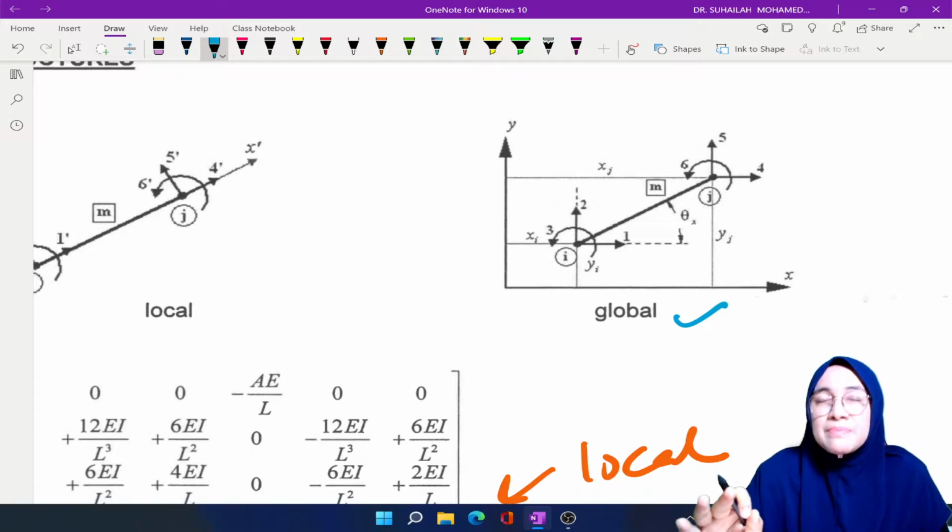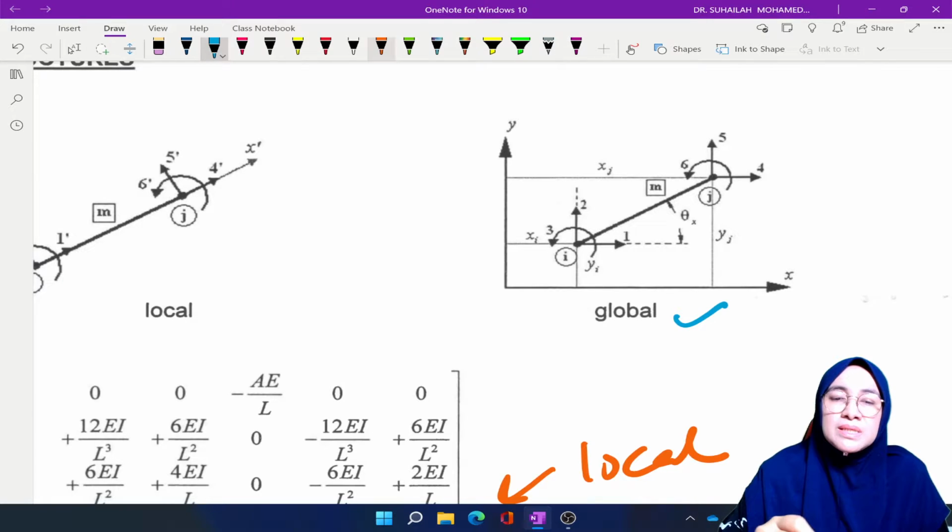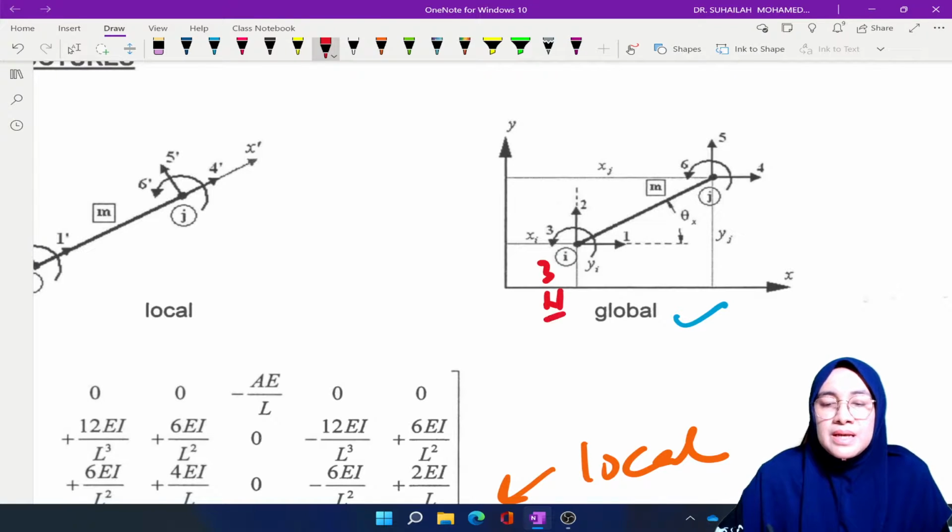we need to consider three displacement possibilities. It means that we have 3 degrees of freedom per node. 3 degrees of freedom per node means that we have 3 in the near end, and another 3 in the far end. So that is why we have 6 by 6.